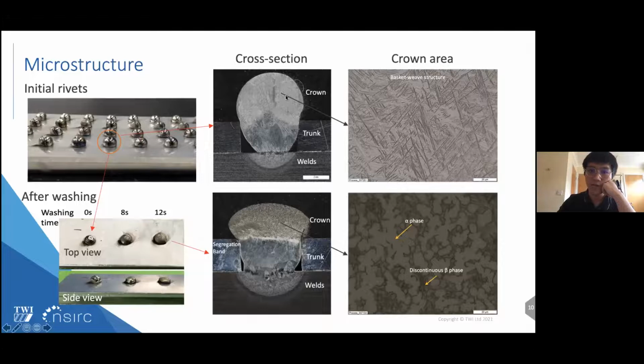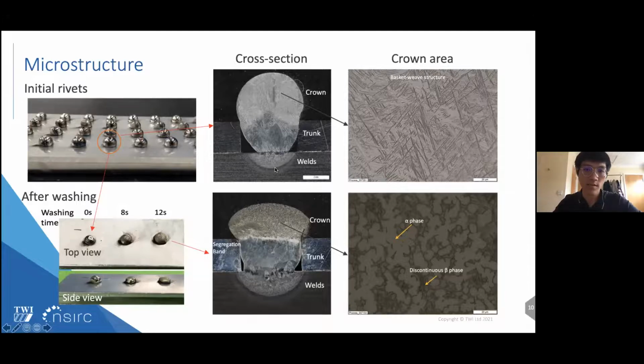The original one shows the same microstructure as the laser deposition, but in the post-wash rivet, because the high temperature stays a long time at the top area, a large amount of primary alpha grains formed here.